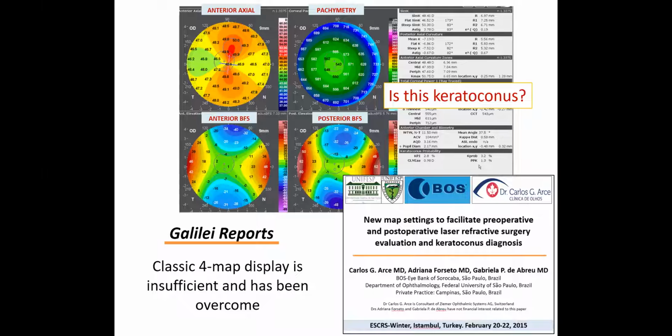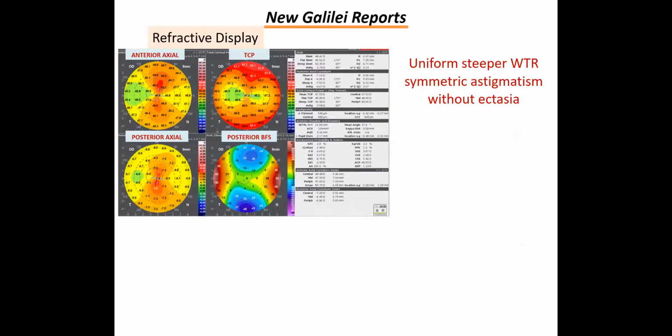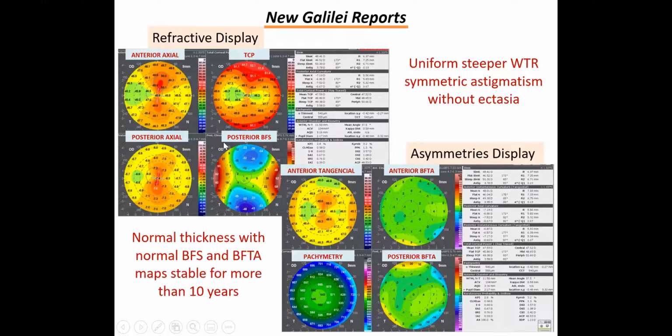In 2015, we presented in Istanbul at the ECRS winter meeting the new way to present Galilei with a refractive display, which is the anterior axial, posterior axial, the total corneal power map, and the posterior BFS. And we see a very symmetric, with-the-rule astigmatism in the anterior and the posterior surface.